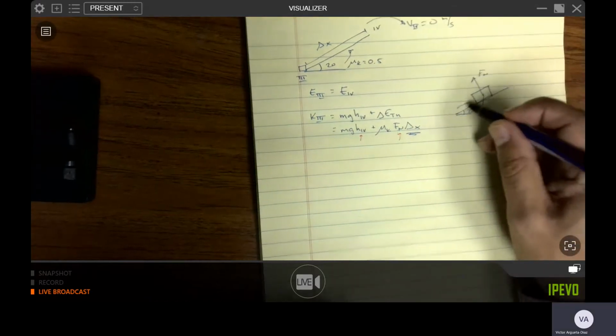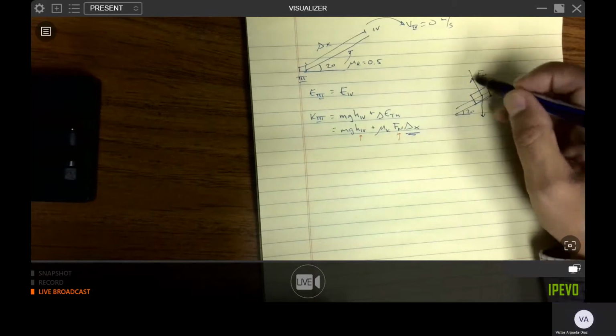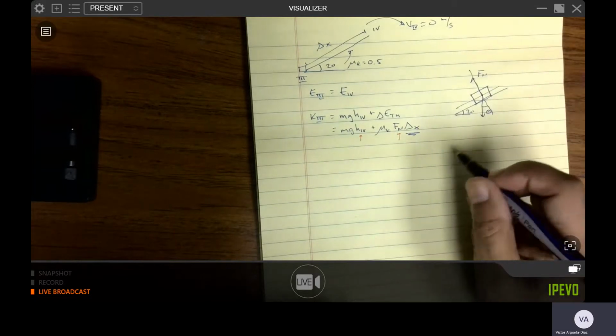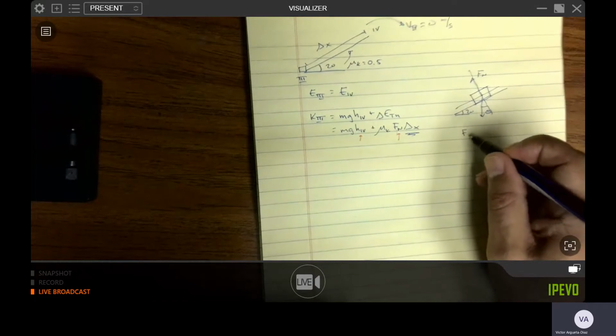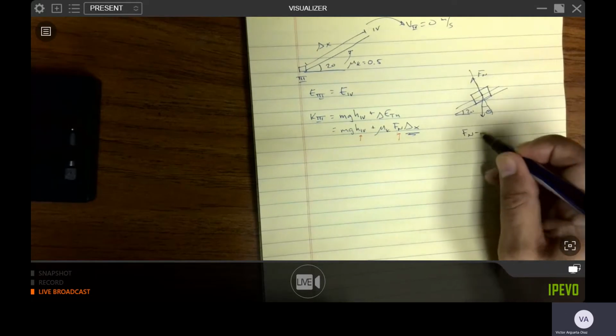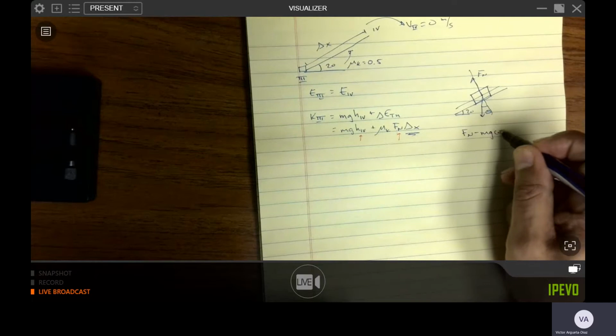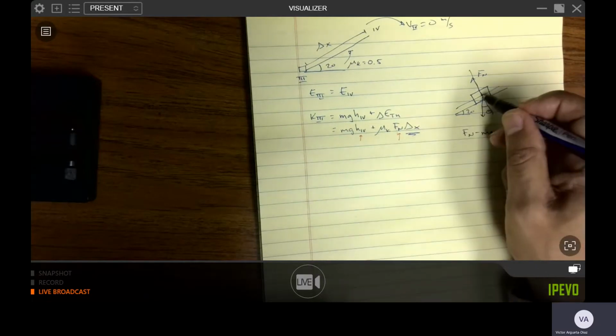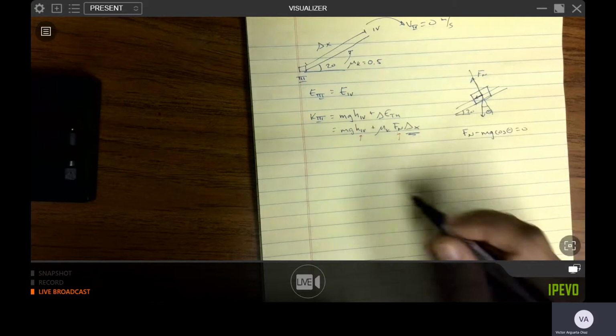Okay, so I'm going to have my frame of reference, which is going to be like this. This is going to be theta, so this is going to be 20 degrees. And then I'm going to have the normal force minus mg cosine of theta is going to be equal to 0. You can imagine that there's a friction force here.